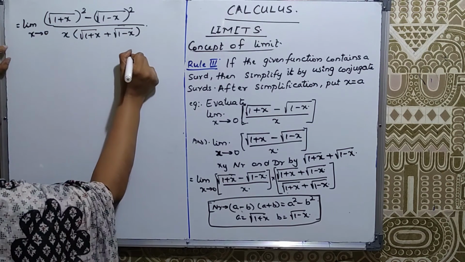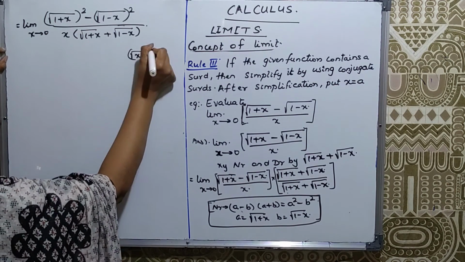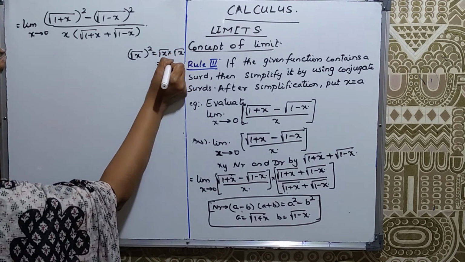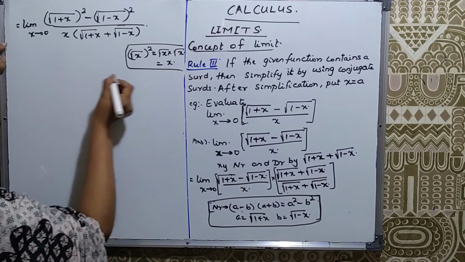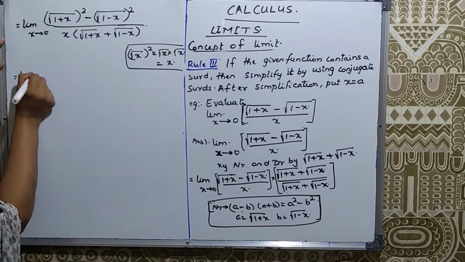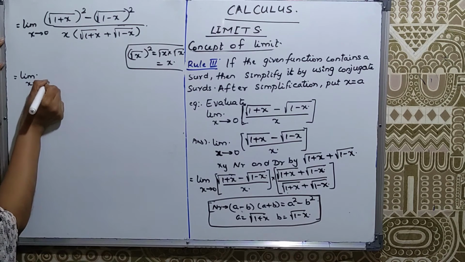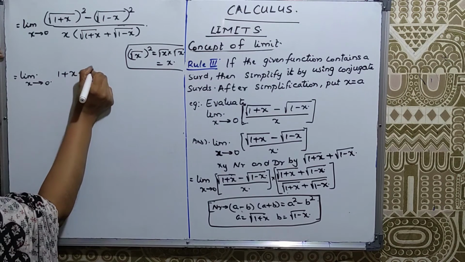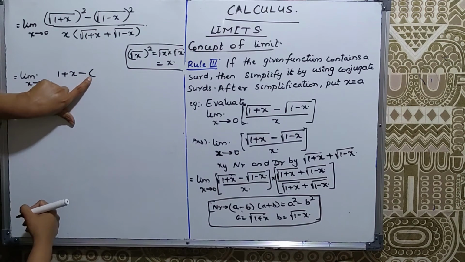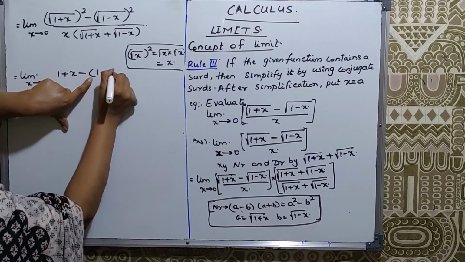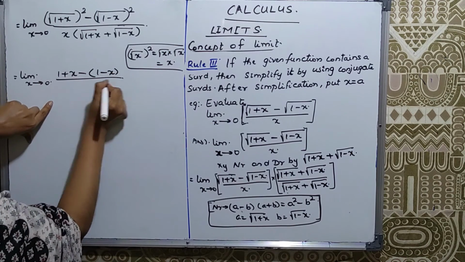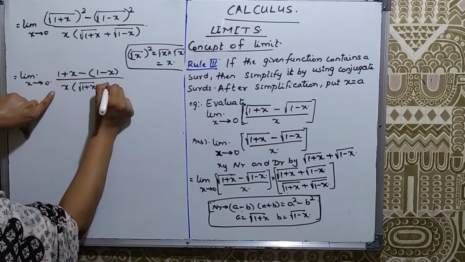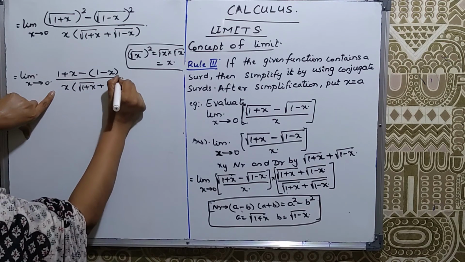Now here root of x the whole squared will be equal to root x into root x. Directly you can take it by heart as x. So it will be equal to limit x tends to 0, (root of 1 plus x) the whole squared will be 1 plus x minus, since there is a minus sign, after the minus sign you put a bracket, (1 minus x) whole divided by x into (root of 1 plus x plus root of 1 minus x).